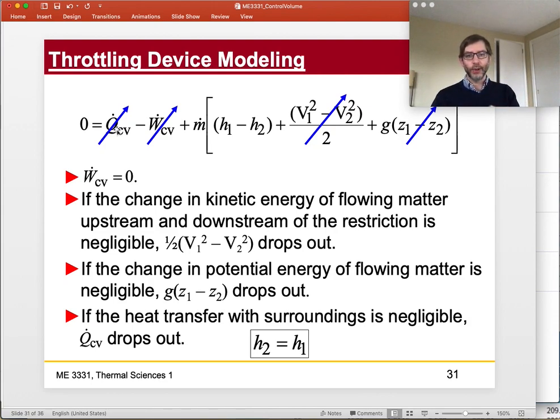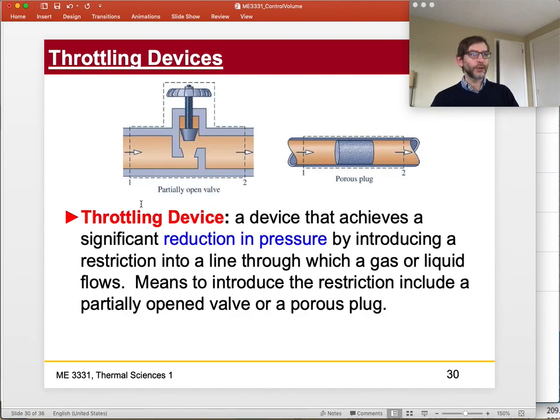The work of the control volume is 0. The change in kinetic energy is usually 0. Sometimes right in the throat, right by the valve opening, you might have velocity.